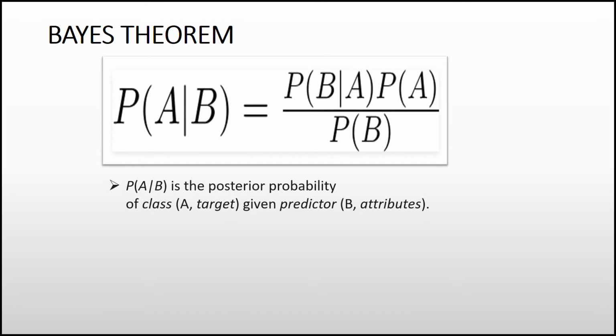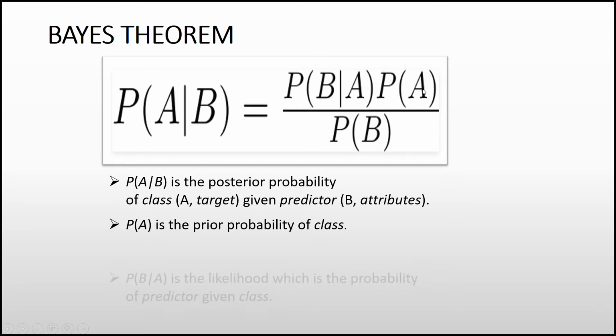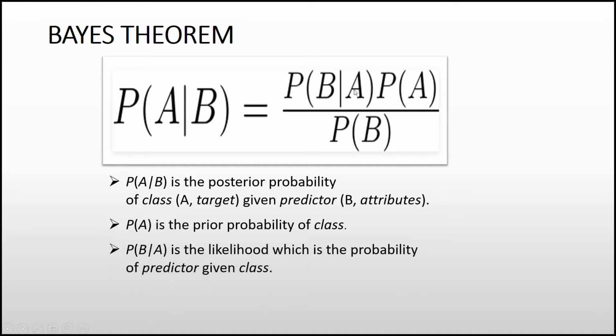So, P of A given B is the posterior probability of the class A given the predictors or the features B, and P of A is the prior probability of the class, and P of B given A is the likelihood, and P of B is the prior probability of the predictor. This is the overview of Bayes theorem. In the next slide I will discuss Bayes theorem with an example.